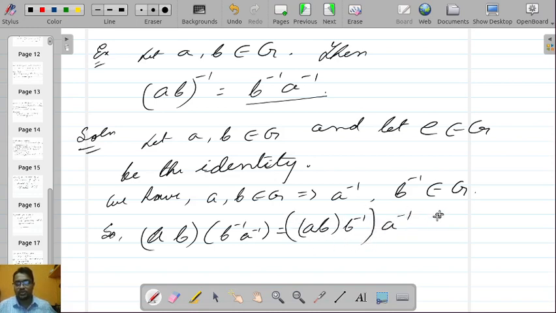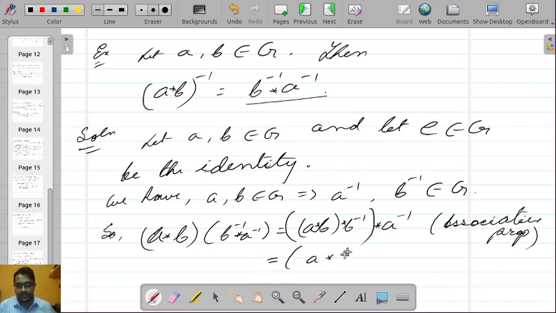Okay, so I have applied the associative property. If you are getting confused, I can just write star here. (a star b) whole inverse is b inverse star a inverse. Okay, so let me write it with star. Right, so it's a star b multiplied with b inverse star a inverse. Okay, so again I apply the associative property.